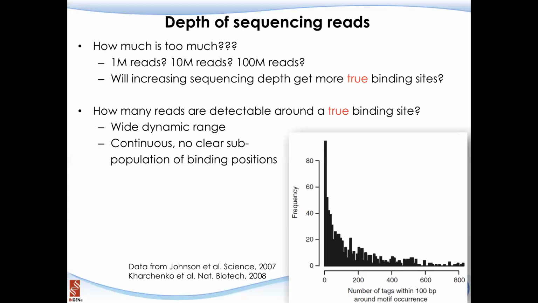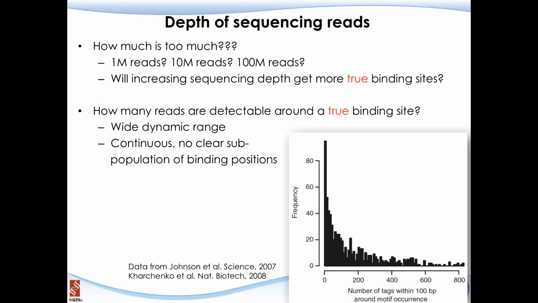They published it around 2007 or 2008. They identified a number of ChIP-seq peaks and the motif of their antibody target. Then they counted how many tags are around those peaks within 100 base pairs.